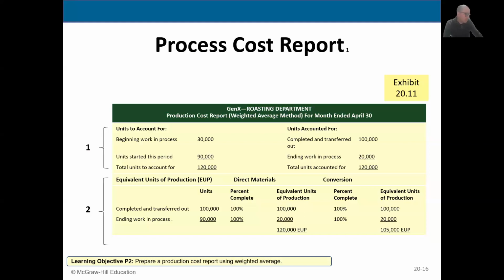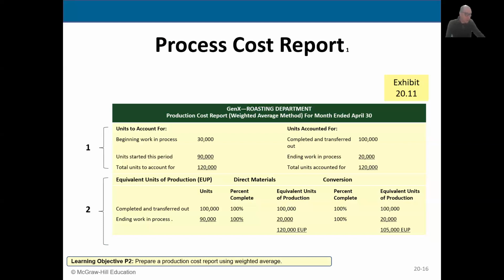The physical flow of units. That was the first step. This process cost report shows us this. The second, of course, is the equivalent units of production for direct materials and for conversion costs, just as we did before.